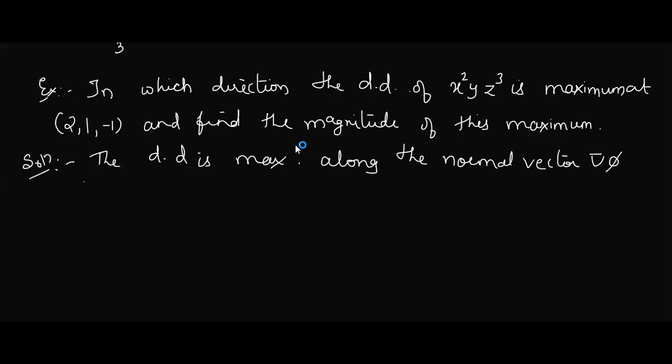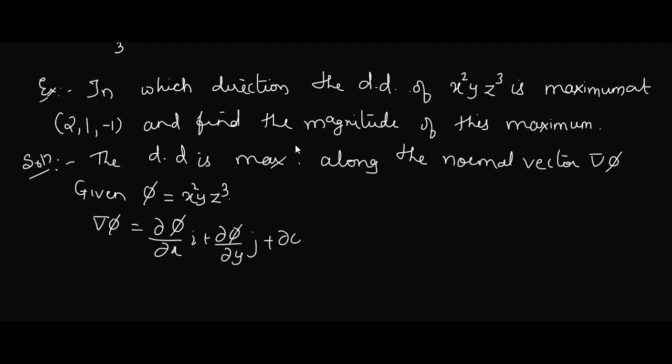So what is phi? What is the scalar function given here? x square y z, x cube y z cube, right? Now we have to find del phi. So del phi is dou phi by dou x i, dou phi by dou y j, and dou phi by dou z k.